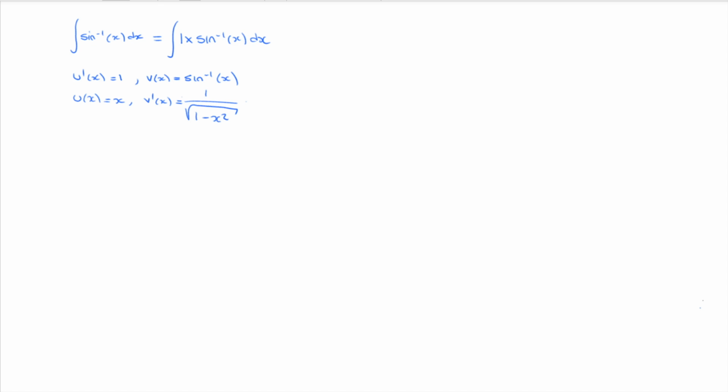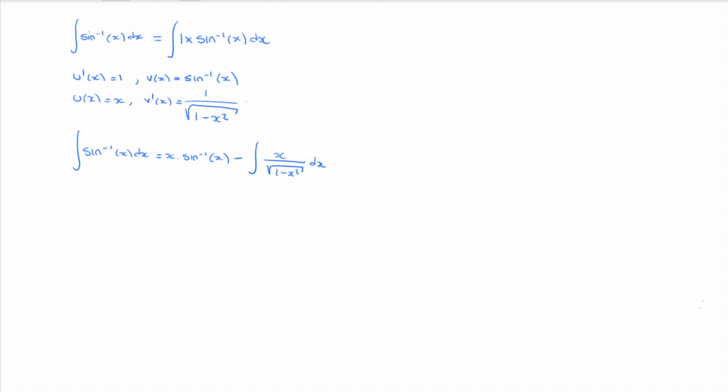Done. Now we use integration by parts, and we go ahead and write that the integral of inverse sine of x is equal to u times v, so that's x times inverse sine of x, minus the integral of u times v dash, so that's x over the square root of 1 minus x squared.